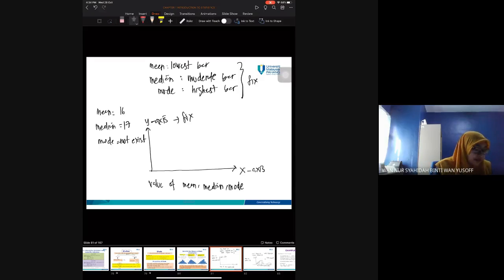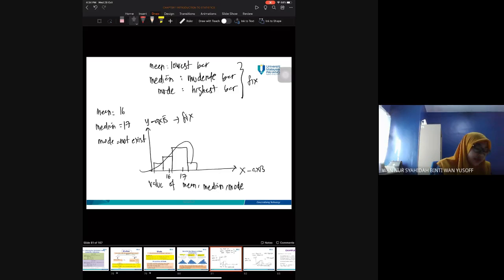We know that the mean is the lowest one, so here is the mean, the lowest bar. And then the median, the moderate one, which is higher than the mean. And there is no mode. You can add another bar here just to see what pattern we have.